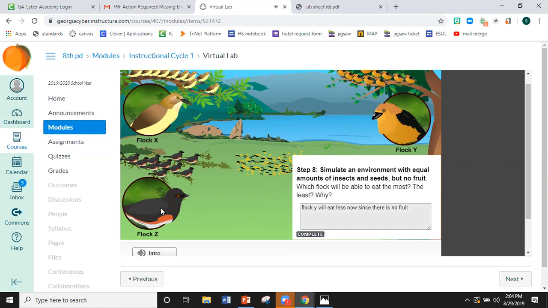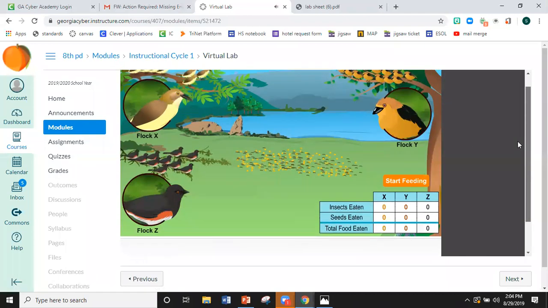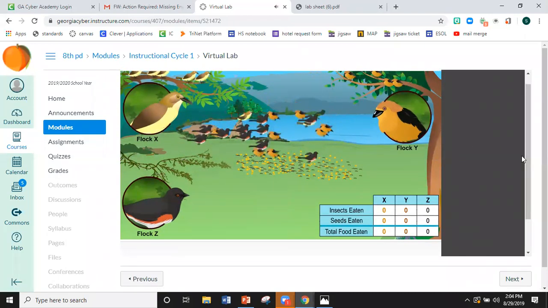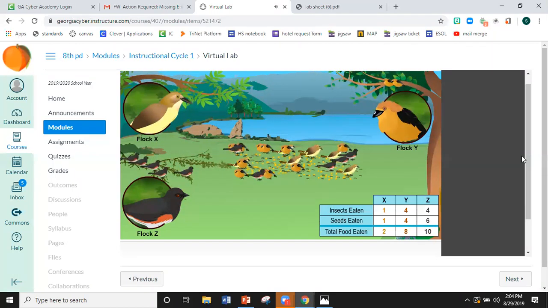Now that you have made a prediction, click Next to see if your prediction matches the scenario. All right, let's see what happens. Which flock will eat the most this time? Click the button to start. As the birds feed, watch the table update the food counts.